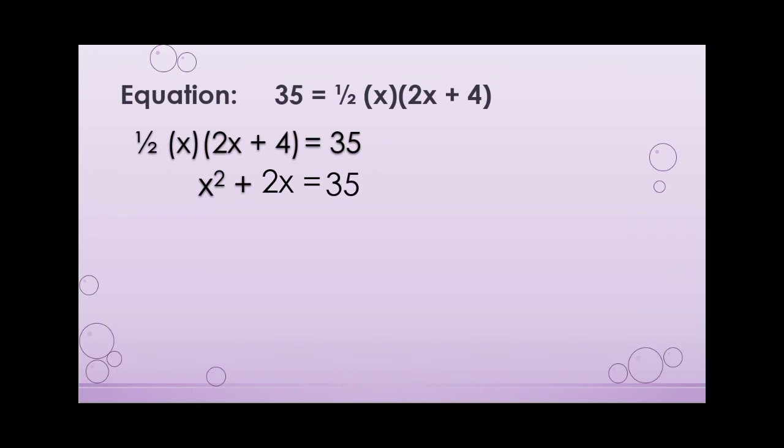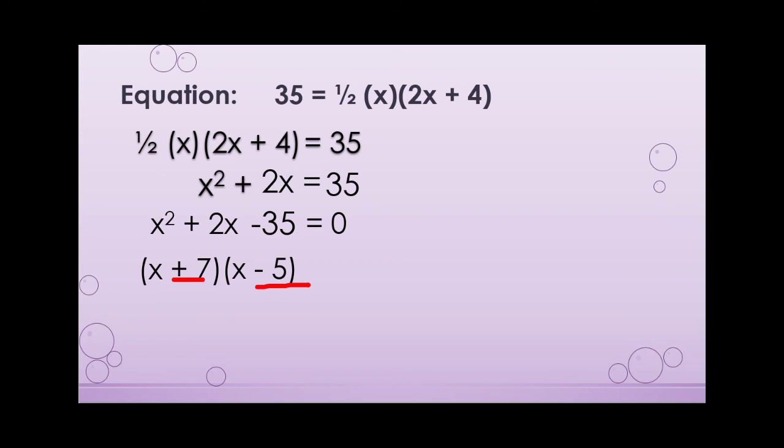So ililipat natin si 35 sa left side of the equation, leaving the right side equal to 0. So we have x squared plus 2x minus 35 is equal to 0. Then let us factor this equation. So the factors of negative 35 whose sum is 2. We have x plus 7 and x minus 5. So 7 multiplied by negative 5 is equal to negative 35.